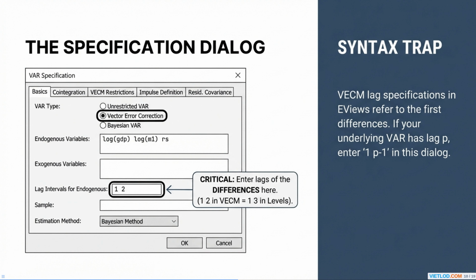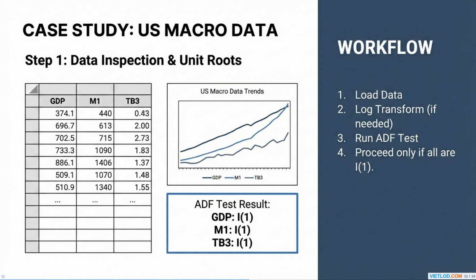This is a common syntax trap because EViews VECM lag specifications refer to the first differences, not the levels of the variables. So a 1-2 entry in the VECM dialog actually implies lags 1, 2, and 3 in the original levels VAR model. Always remember to adjust your lag input accordingly to ensure correct model specification.